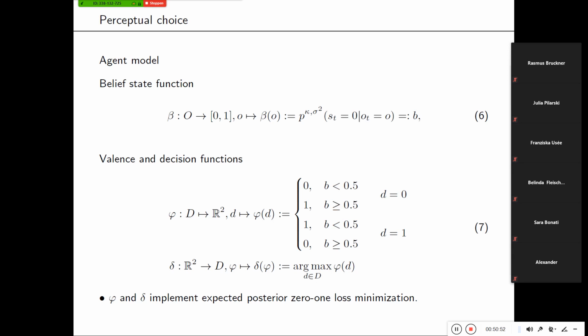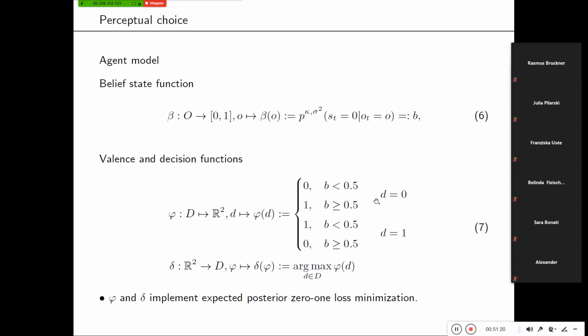Then it would assign high valence to decision 0. So I think this might be swapped. If it thinks it's state 1, then it assigns high valence to decision 1.